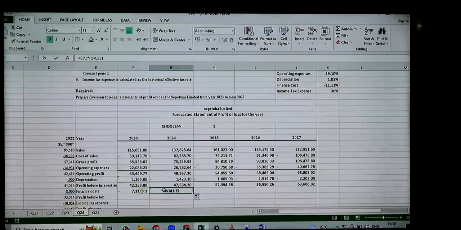So here again, I'll repeat equals, the previous, we multiply by, you open your bracket, 1 plus, because it's a negative, so plus this one, and this one I'm fully locking it, and I close because I want to drag. Then I do control enter, then I just have to drag along.